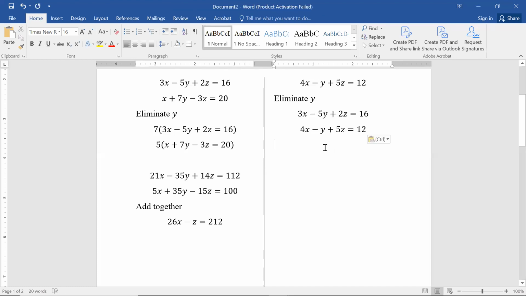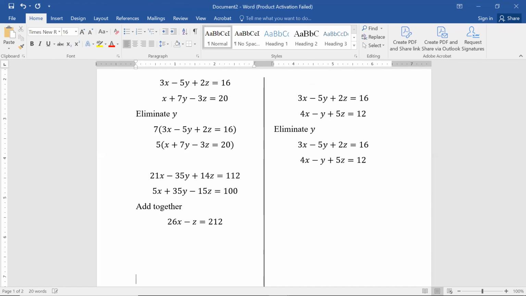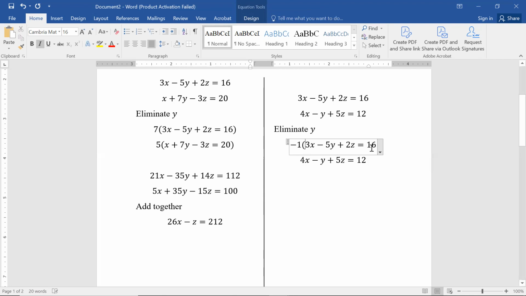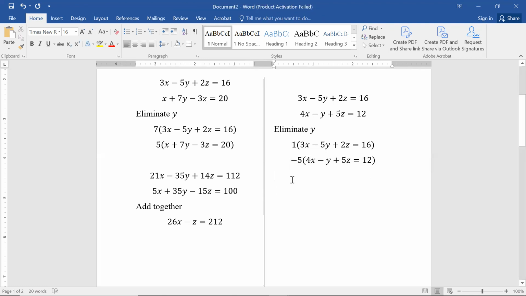In front of equation 1, we put a -1 because that's the coefficient of y in equation 3. And in front of equation 3, we put a -5. I have to change the sign on one of them. So I either change the -1 to a +1 or the -5 to a +5. Multiplying by +1 is really nice, so I'll do that.